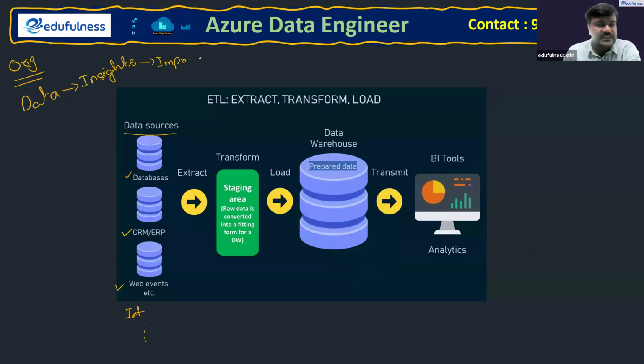Yes or no? Ultimately, whatever you are doing, you always want some progress, right? You already have existing data. If you are able to analyze that data and identify some insights, you can take the key decisions to improve your business. That's why you go for reports.